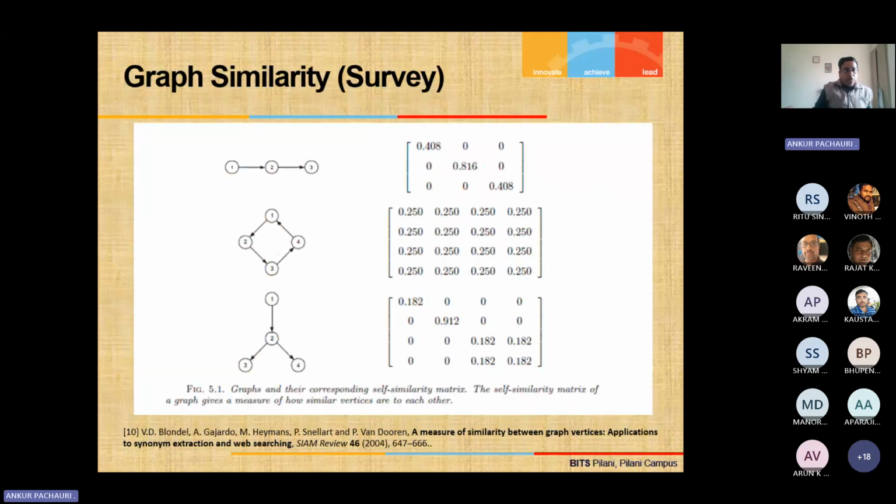Not only this, he also performed the experiment for the graph on the corresponding self similarity matrix. So means for the self similarity also, the similarity of nodes within themselves. So this is the similarity scores of this graph for GA. This is GB. This is GC.